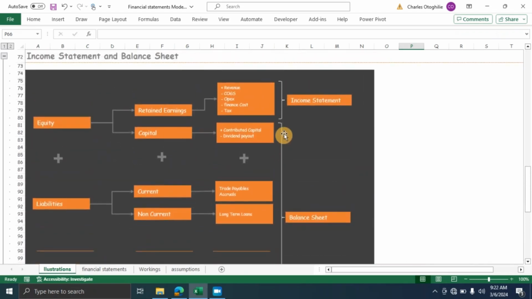One thing I want you to notice is that the balance sheet captures everything. The only thing is that the balance sheet takes the retained earnings as a summary of the income statement and puts all of them in one place. Because we want to understand what has happened in the current period, the income statement helps us to see all of that for every current period.